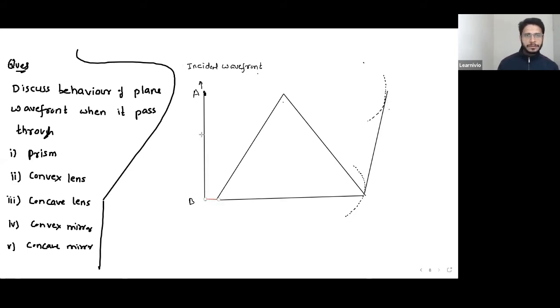So these are the rays. So it's very clear that through the prism, the rays get bent. They get deviated. When the rays pass through the prism, they get deviated. This is the deviation in rays when they pass through the prism. So this is the prism.